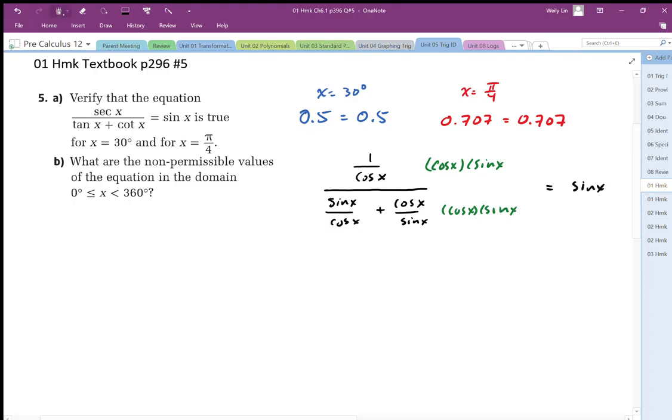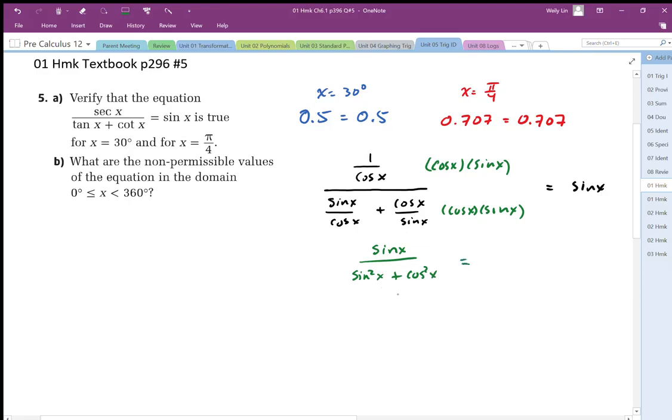Okay, so when we multiply that through, the cos's cancel out, so in the numerator I end up with sine x. Here the cos x cancels out, so I end up with sine squared x plus, here the sine x's cancel out, so we're left with cos squared x.